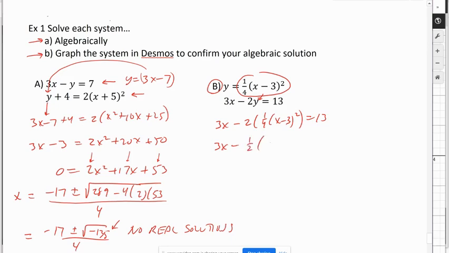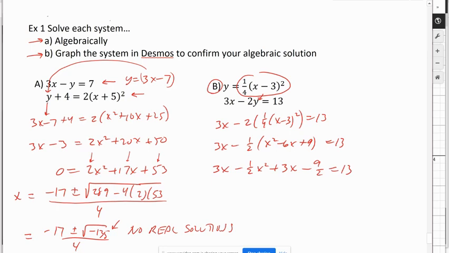And then x minus 3 squared is x squared minus 6x plus 9 equals 13. And so now we have 3x minus 1/2 x squared plus 3x minus 9/2 equals 13.